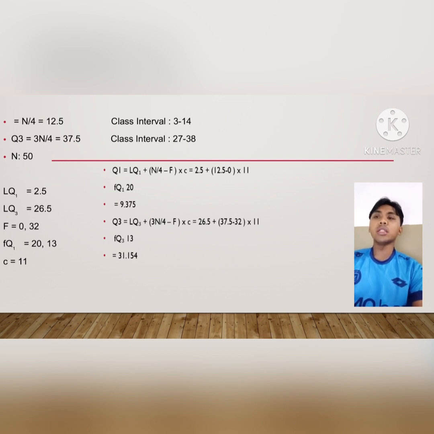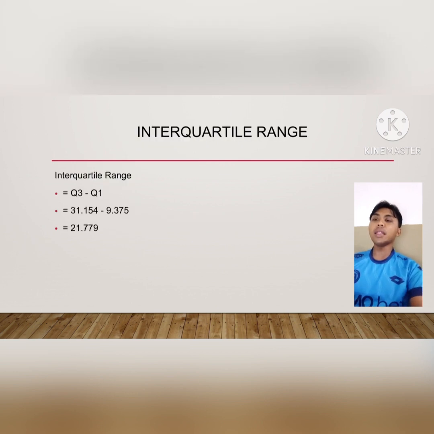For Q1, the class interval is 3 minus 14, and the class interval for Q3 is 27 minus 38. The answer is n equal to 15, and you can see the calculation I do in my slide.